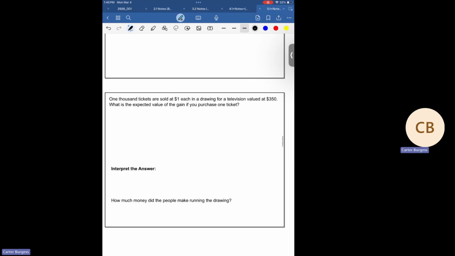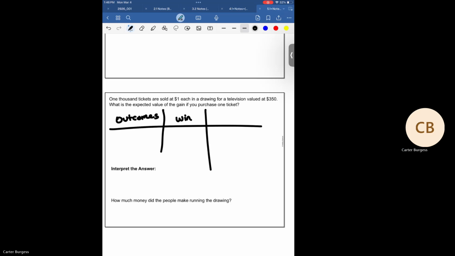Okay. So first of all, let's discuss outcomes here. What are my 2 possible outcomes? So win or lose? So either TV or no TV, or we could think of that as win or lose. So outcomes are either going to be we win or we lose.